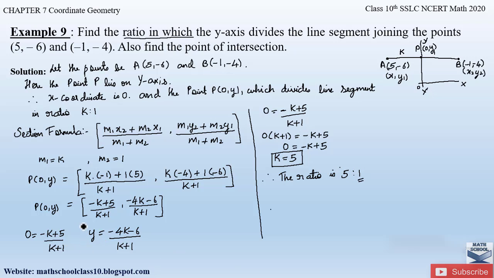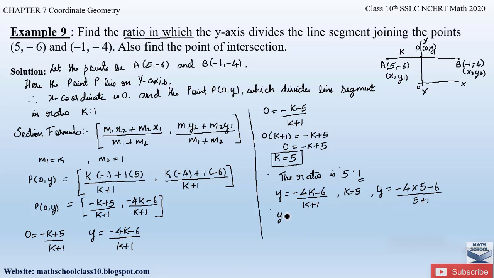Now let us take this part, y is equal to (-4k - 6) divided by (k + 1). Now let us substitute k is equal to 5 here. So we will get y is equal to (-4 into 5 - 6) divided by (5 + 1).